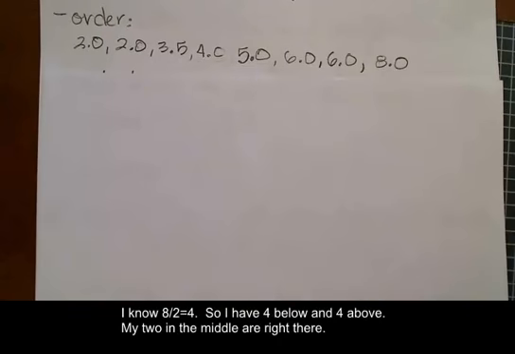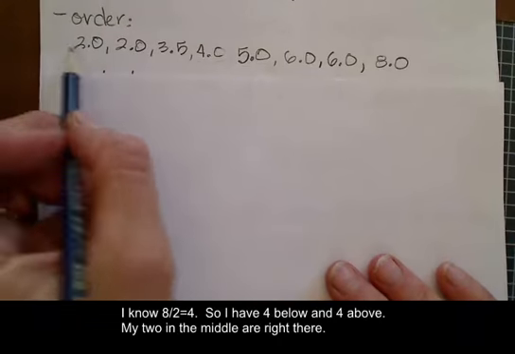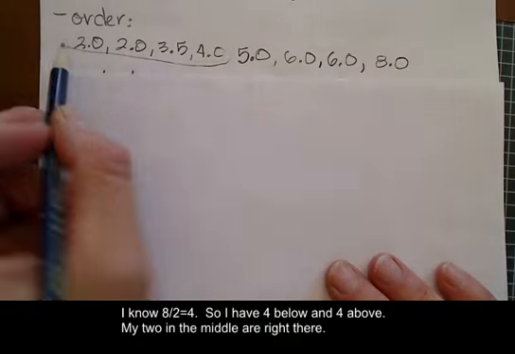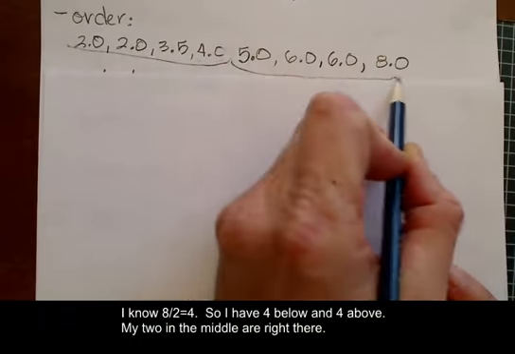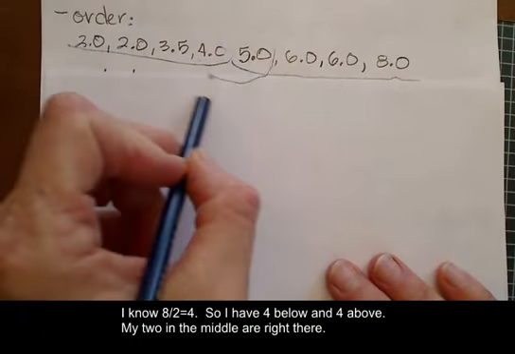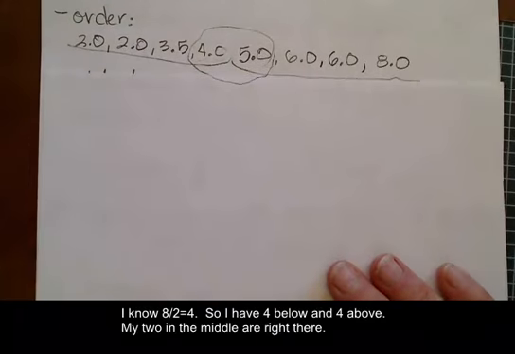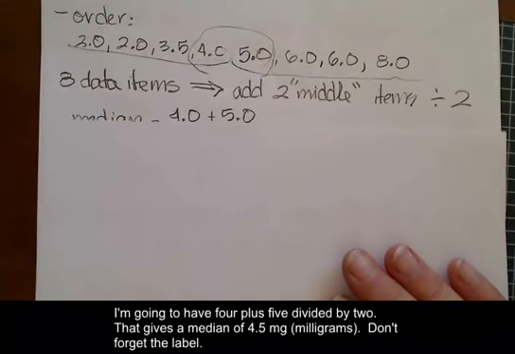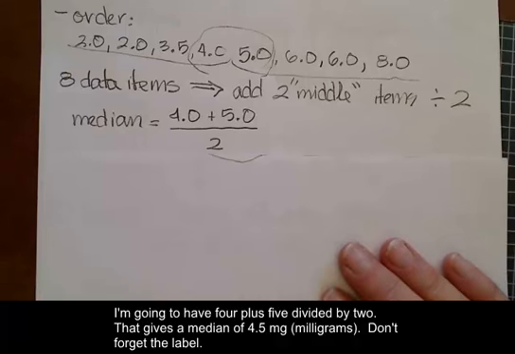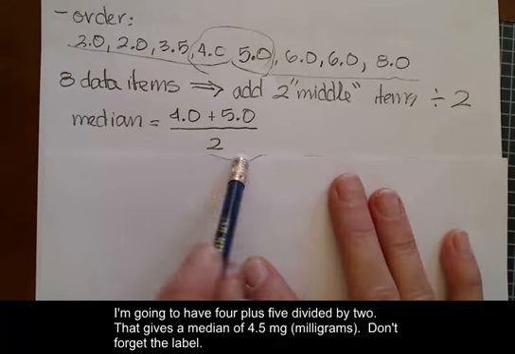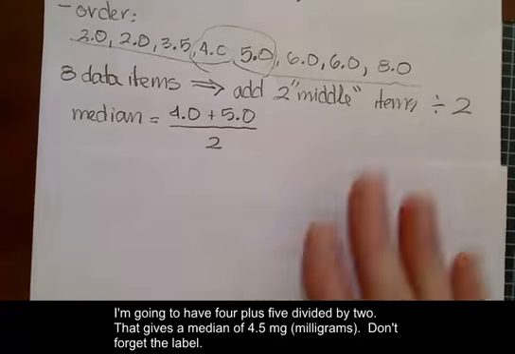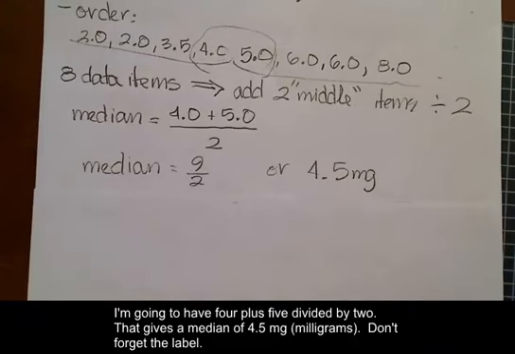I know 8 divided by 2 is 4, so I'm going to have 4 here and 4 here. My 2 in the middle are right there. So I'm going to have 4 plus 5 equals 9, divided by 2. I end up with 4.5, and I put the label on there, milligrams.